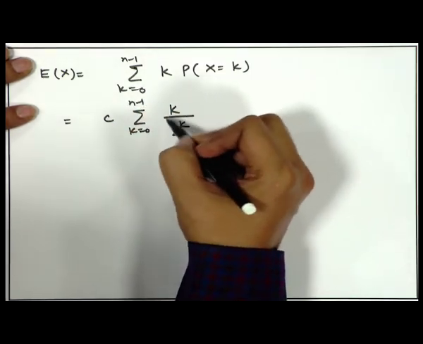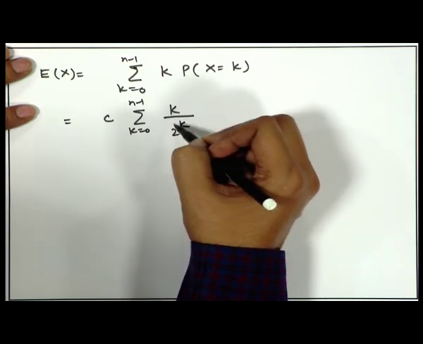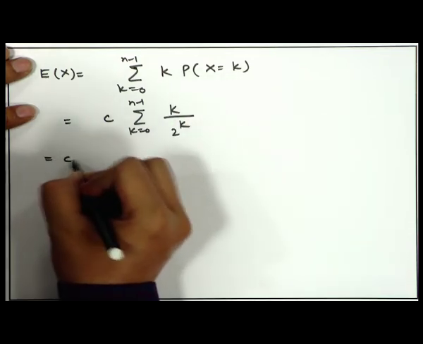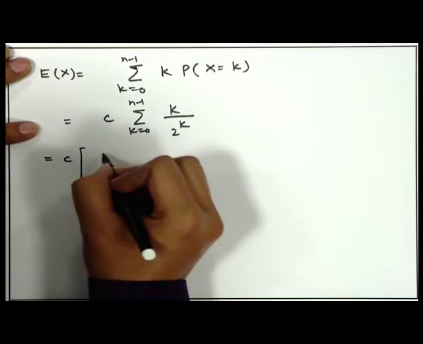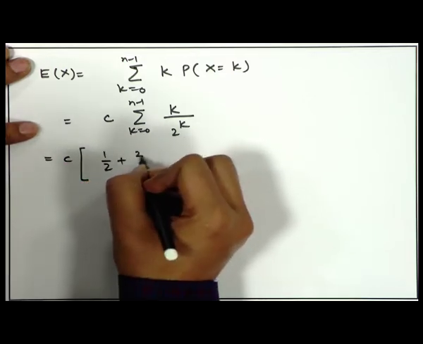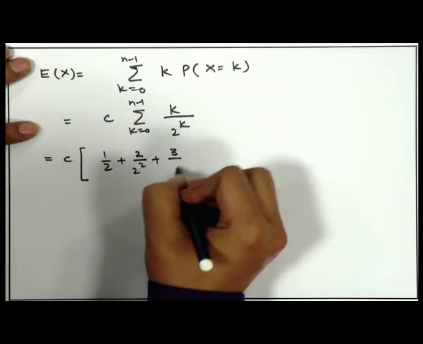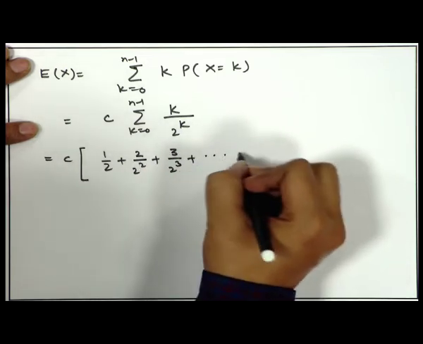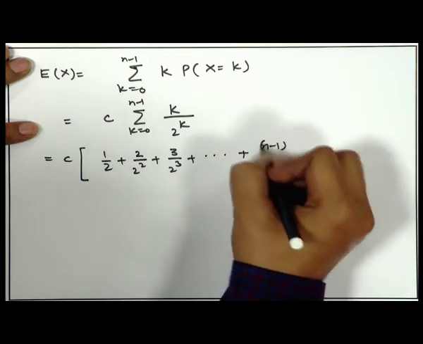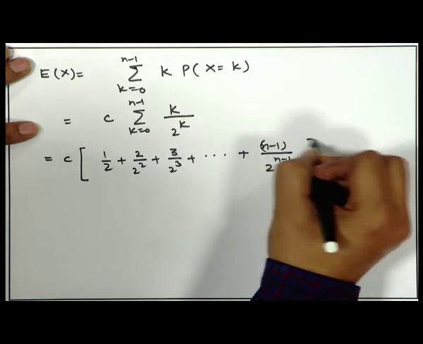Now this is an arithmetico-geometric progression or geometrico-arithmetic series. So we can write it as c times: the first term is 0, the second term is half, then the third term will be 2 by 2 square, then you will have 3 by 2 cube and so on, plus n minus 1 divided by 2 to the power n minus 1.